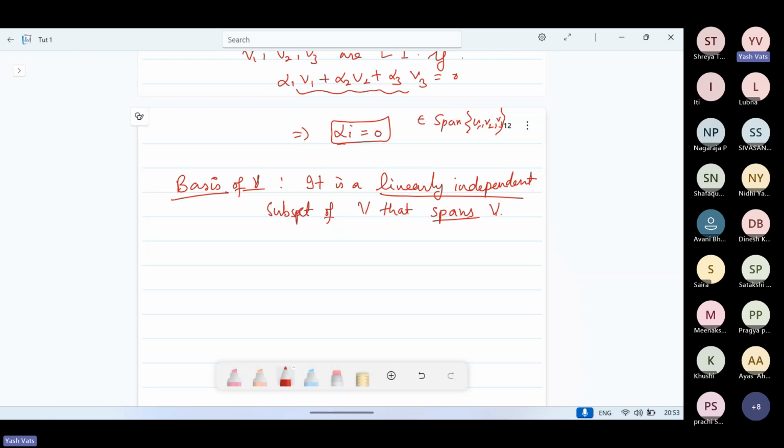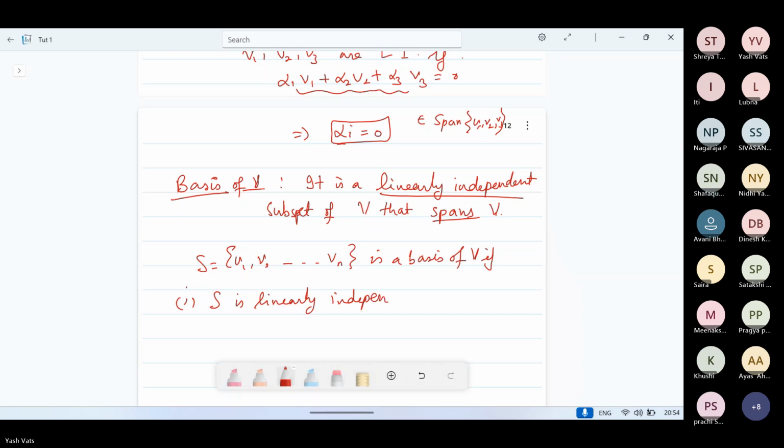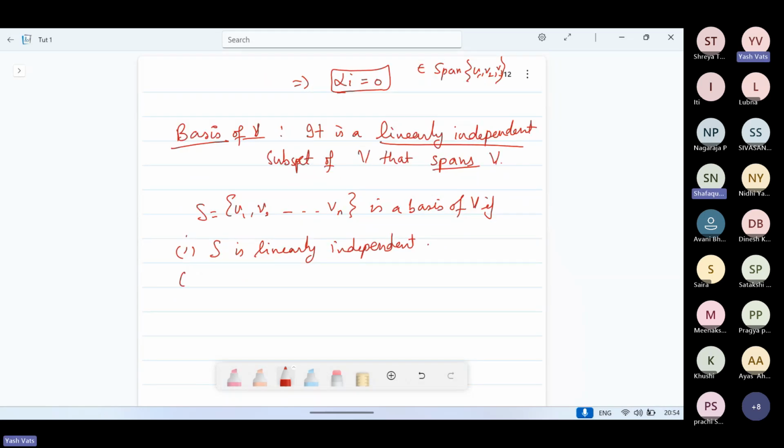It means that if you take v1, v2, ..., vn, then the set S is a basis of V if, first, S is linearly independent, which I have discussed, and second, V is the span of S. Suppose v is in V, then you can write it as a linear combination of alpha i and vi, i equal 1 to n.